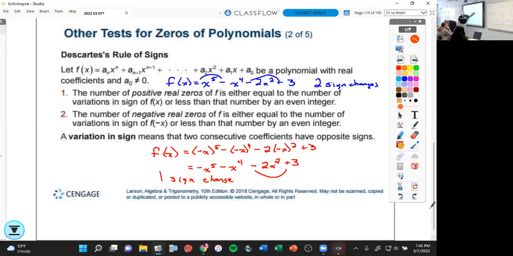It changed signs twice. It has the two sign changes like the other one. Or zero. So you can tell if it's negative or positive by the leading coefficient. So we have one negative real zero. Okay, that makes sense. Yeah, that makes a lot of sense.